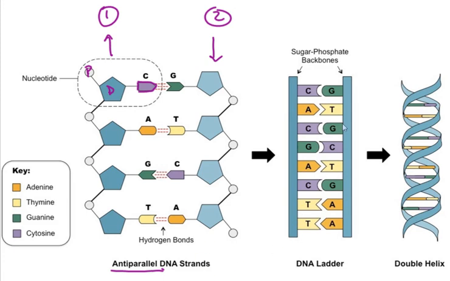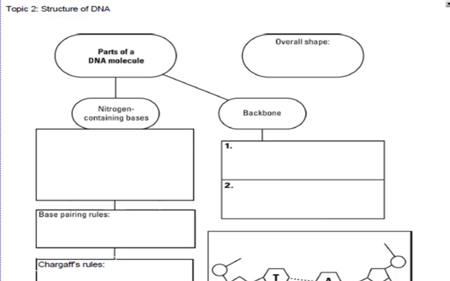So we have our ladder, and then we have our double helix shape that is more realistic and more accurate in describing the shape.